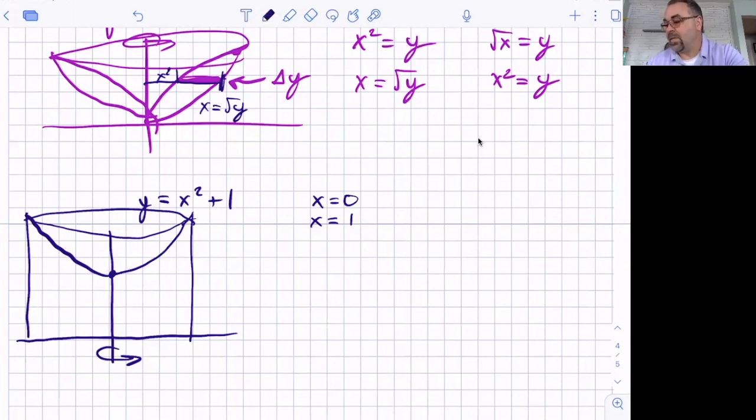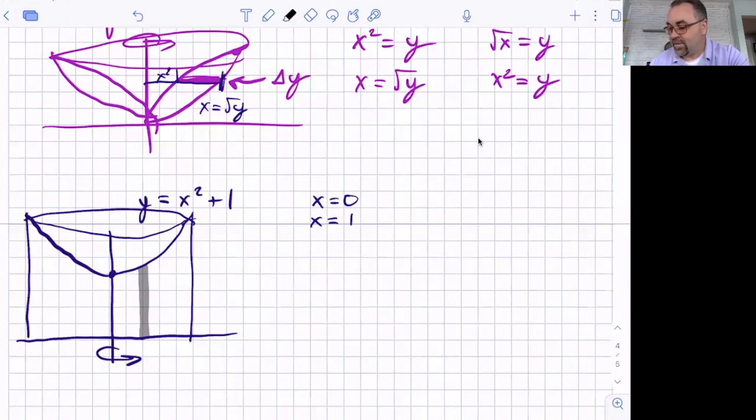But if I go with my representative rectangle being a vertical rectangle, like I'm setting up for the shell method, then it's only one integral. I'm just integrating from 0 to 1. My shells then are going to look like this.